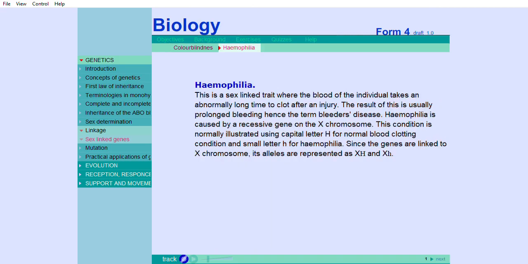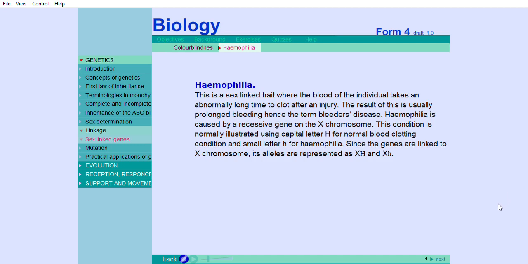Hemophilia. This is a sex-linked trait where the blood of the individual takes an abnormally long time to clot after injury. The result of this is usually prolonged bleeding, hence the term bleeder's disease. Hemophilia is caused by a recessive gene on the X chromosome. This condition is normally illustrated using capital letter H for normal blood clotting condition and small letter h for hemophilia.